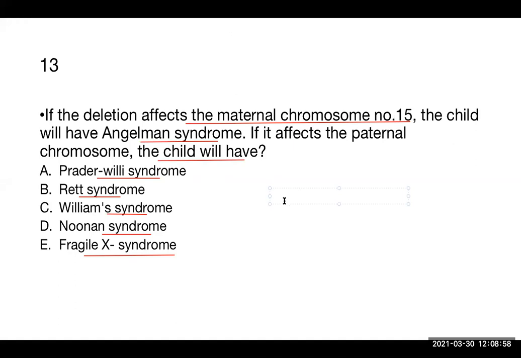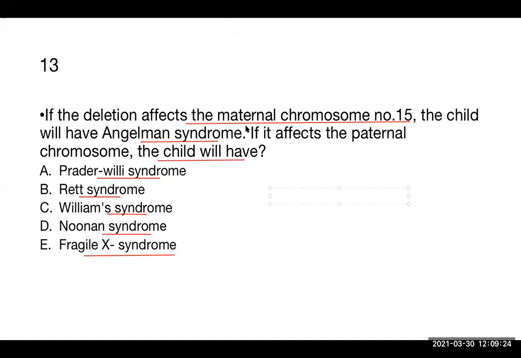I'm going to talk a little bit about that. Now, first of all, let's talk about this. We are having one chromosome from the mother and one from the father, because of our homologous chromosomes, we have two in number, right? One from the mother, one from the father. Now, if the maternal chromosome, which we get from the mother, is deleted, certain genes from there are deleted, then Angelman syndrome occurs.